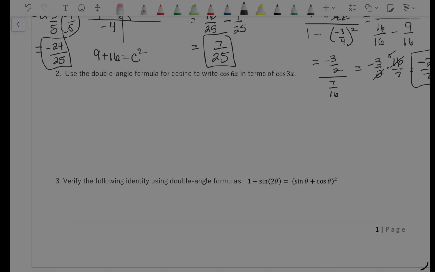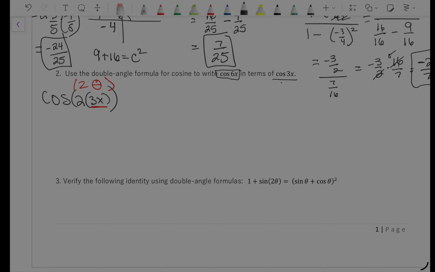Use the double angle formula for cosine to write cosine of 6x in terms of cosine of 3x. All right. Cosine of 6x is 2 of 3x. So now that means that this is the theta. So it's like 2 theta.